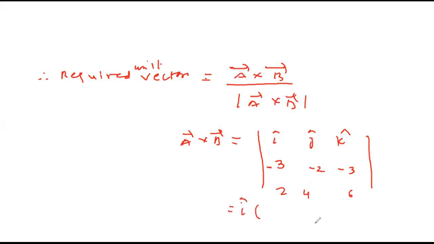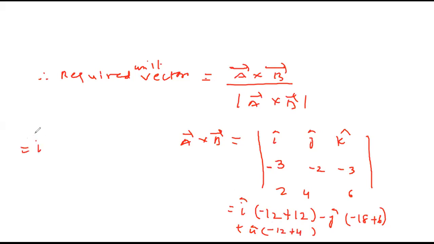i cap bracket minus j cap bracket plus k cap. Minus 2 into 6 is minus 12, minus minus plus 4 into 3 is 12. For j, minus 18, minus minus plus 6. And for k, minus 12, minus minus plus 4.